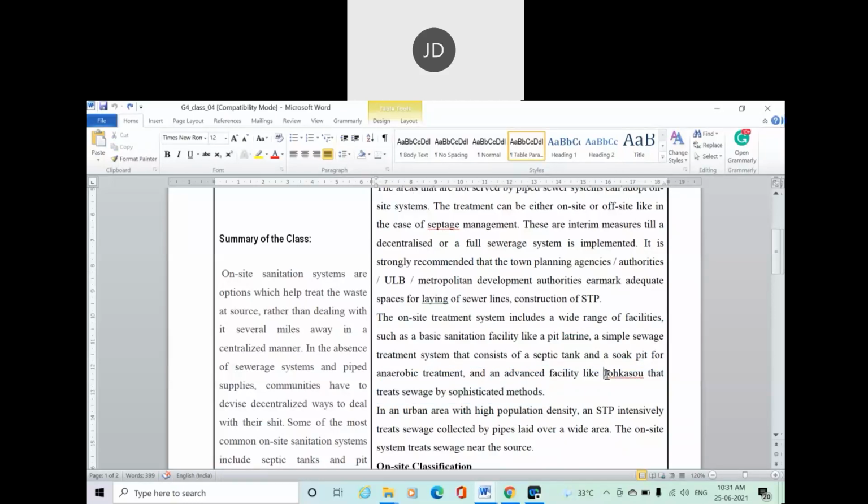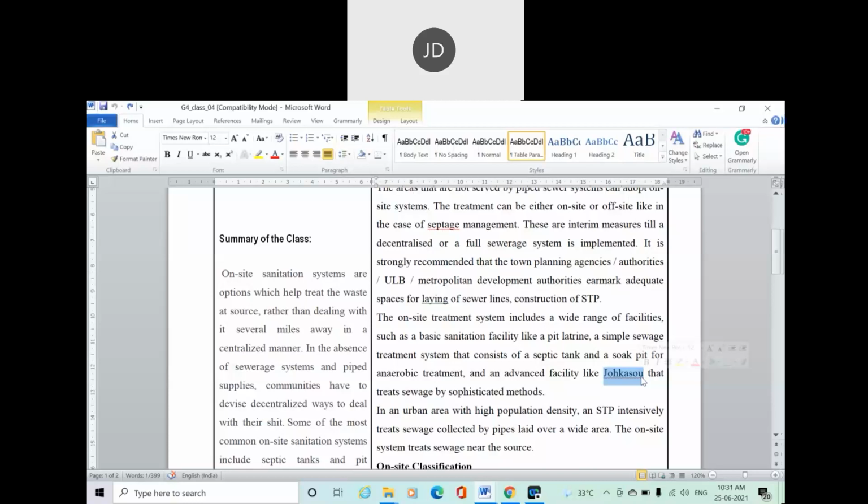The term Jokaso is basically a Japanese term, a Japanese technology that can be used for sewage treatment. So it's additional information. I'll also show the information regarding Jokaso technology in coming classes. It's a separate kind of waste treatment unit, just like a water purifier that you have installed in your household.